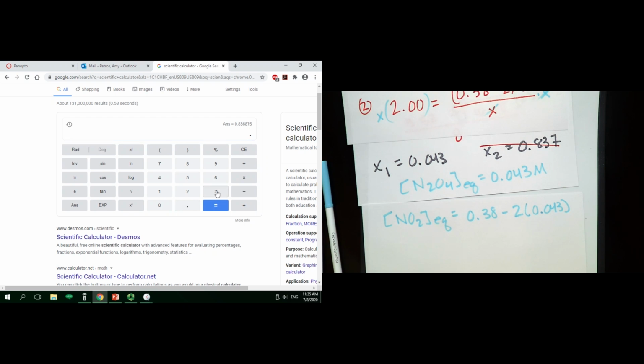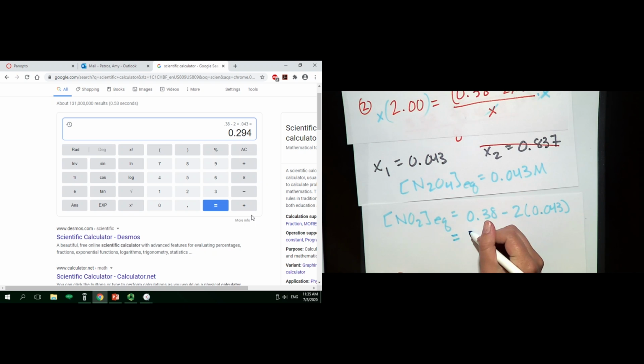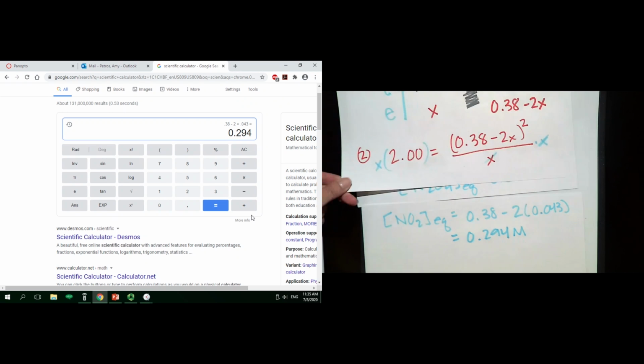Okay, so 0.38 minus 2 times 0.043. Okay, and I get for my equilibrium concentration of NO2, 0.294. And we're talking about concentration, so this is molar.